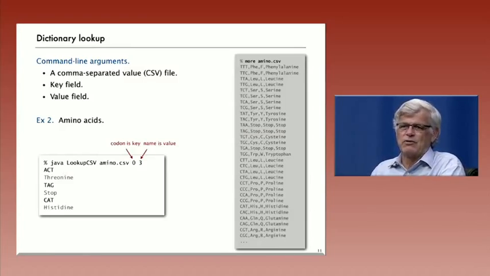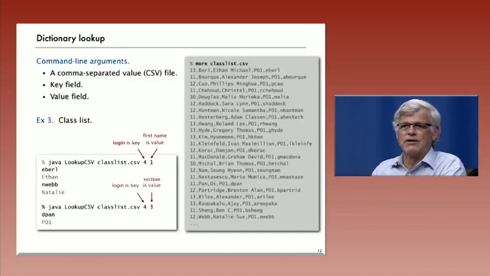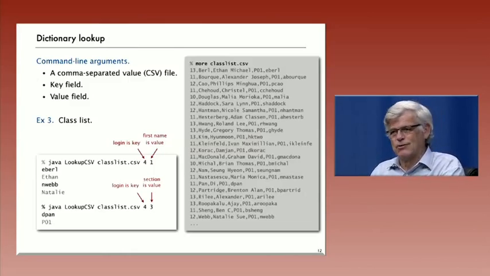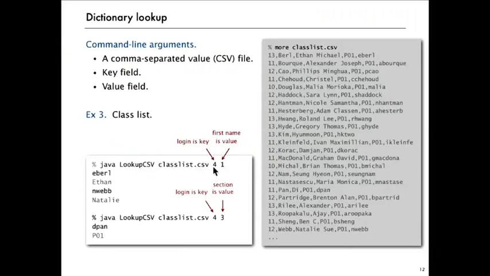This is a very general tool. With any CSV file, you can pick any field as the key and any other field as the value. So here's still another example where we might use a class list, which has the person's year of graduation, last name, first name, precept name, and login name. In the first call over here, we might use the login name as the key and the first name as the value.